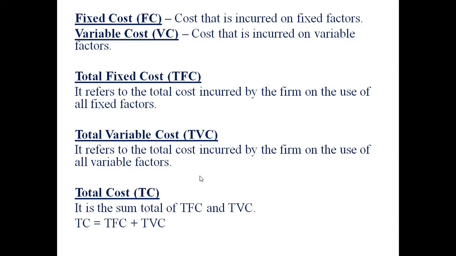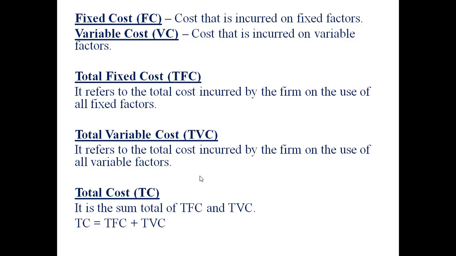And the total variable cost is the cost that is incurred by the firm on the use of all variable factors. We all know that labor is a variable factor in the short run. But there can be other inputs also, like consumables, and in some cases the raw materials. So these are your variable costs, I mean the variable factors.